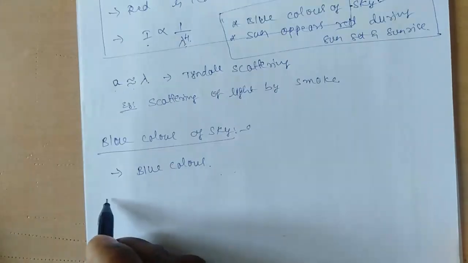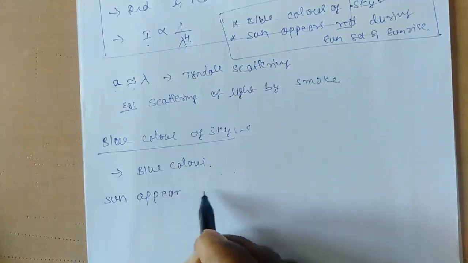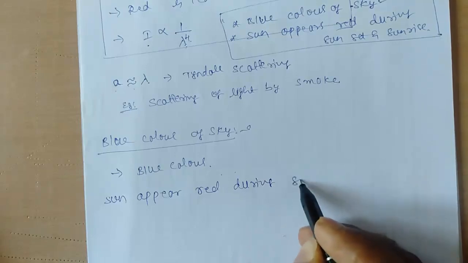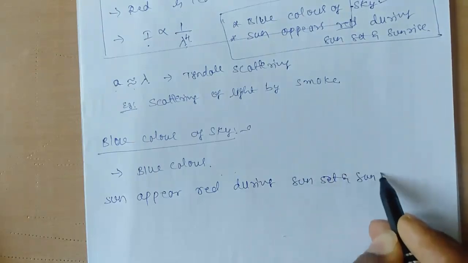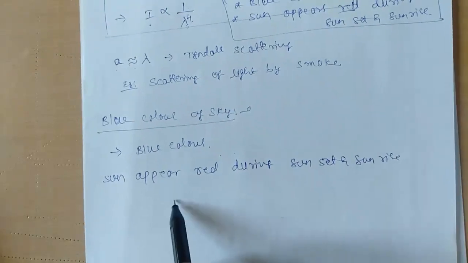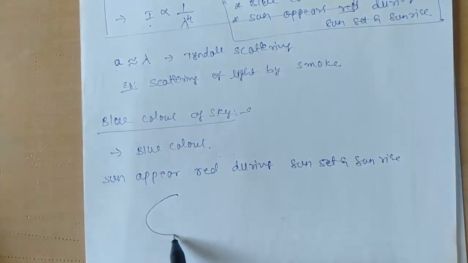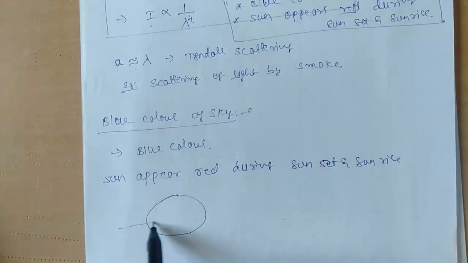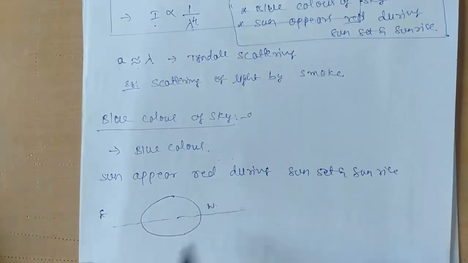Now let us see why the sun appears red during sunset and sunrise. We all know that the shape of the earth is not exactly spherical, it is a little bit geoid shaped like this. Let us consider this as the east and this as the west.